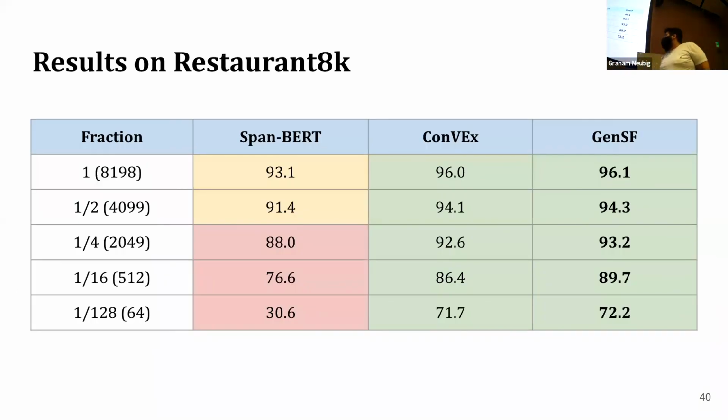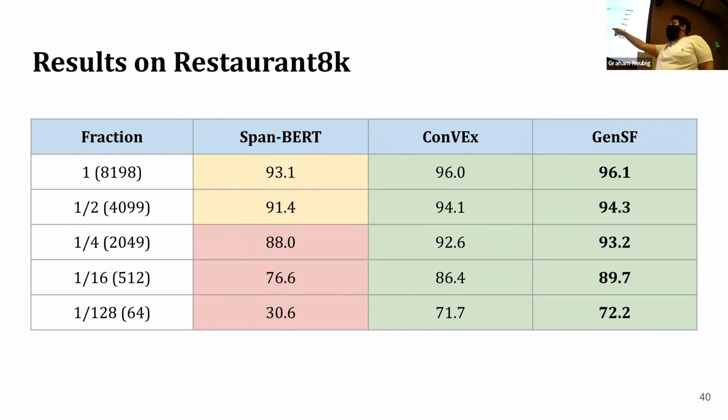In this table, we compare the results between SpanBERT, which was the previous state of the art, Convex, and GenSF. And if you see, the rows of this table are basically how much of the training set we are using. When we use 100% of the training set, Convex and GenSF are doing well. They're doing slightly better, but not significantly better.